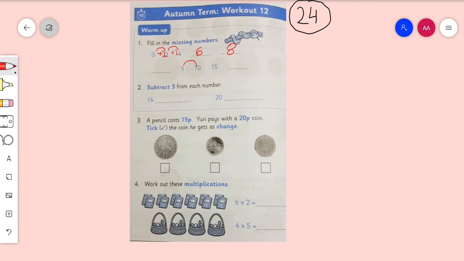We can put 5 in our mind and count forward to see how much it takes to go to the 10, or we can put 10 in our mind and see how much less we need to go to 5. We can put 10 in our mind and 9, 8, 7, 6, 5. I have 5 fingers open, which means 10 take away 5 is 5.